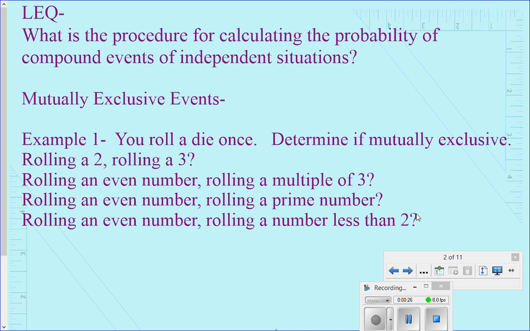So the first thing you want to add to your notes is the definition of mutually exclusive. Events are considered mutually exclusive when they cannot happen at the same time. So events that cannot occur at the same time.